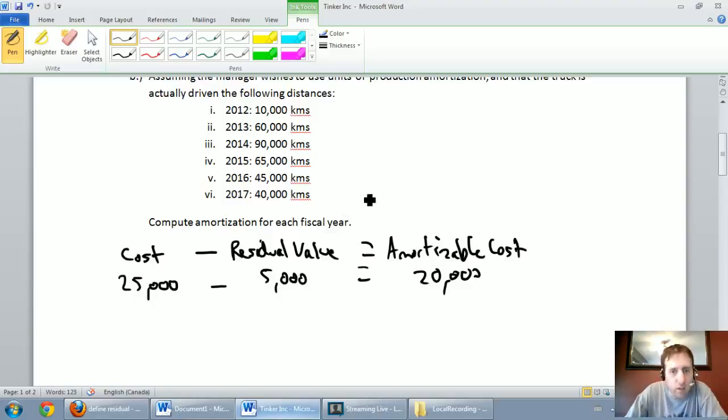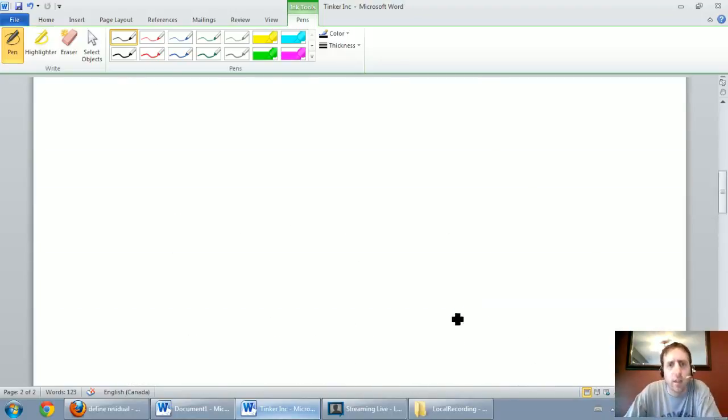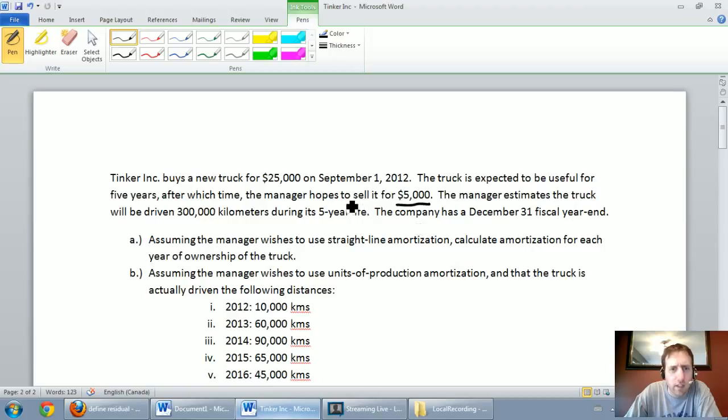Now, when we did straight line, we said, okay, take that 20,000, divide by the number of years, and we get an amortization rate per year. Well, the critique that units of production offers is, it doesn't matter the number of years, it's how much you use the asset. So in this asset, we're planning to use it not for 5 years, that's not what's relevant. We're planning to use it for 300,000 kilometers.